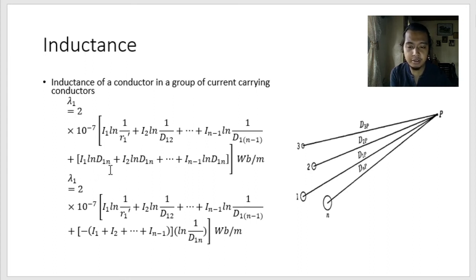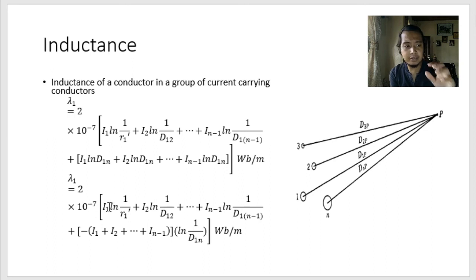Now, negative LN D1N is equal to negative of LN of 1 over D1N. When you take it out, you have an I1 plus I2 and so on up to I N minus 1. So the negative of the LN earlier, you can associate with this sum. Then this is now equal to IN. So we just went back to IN.